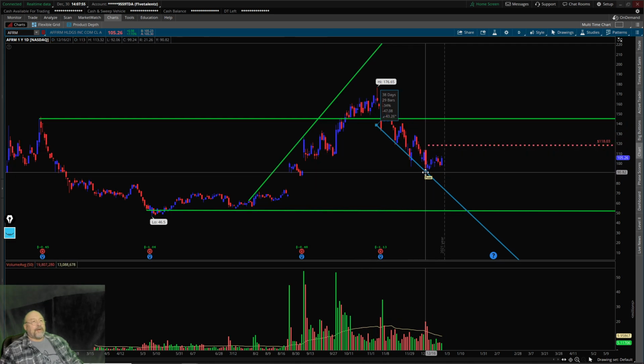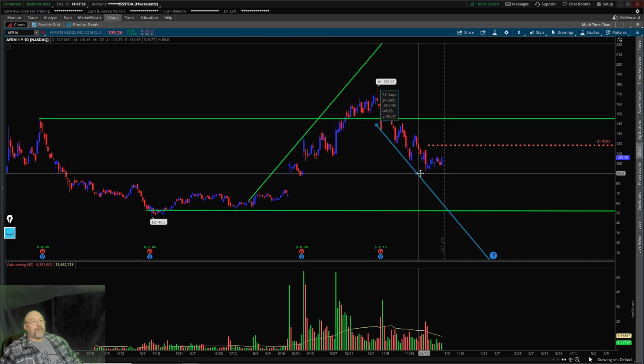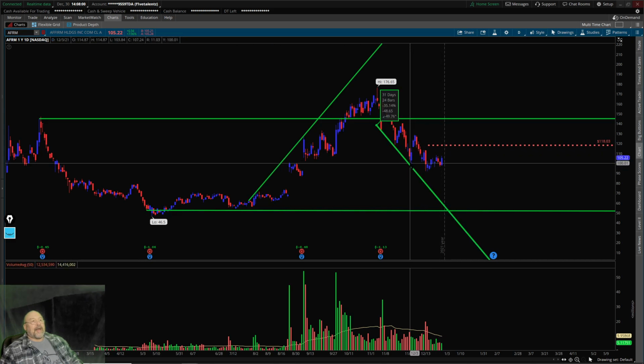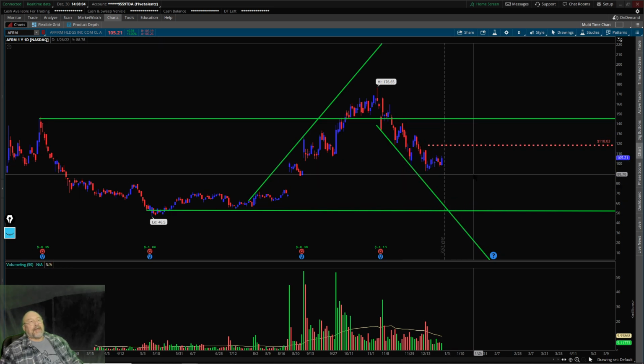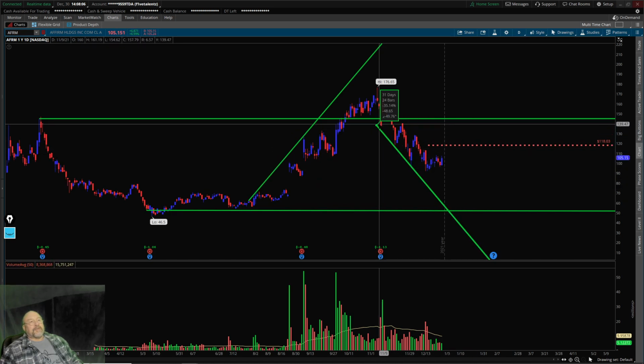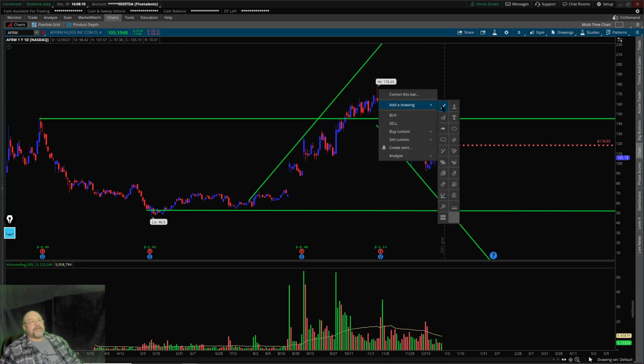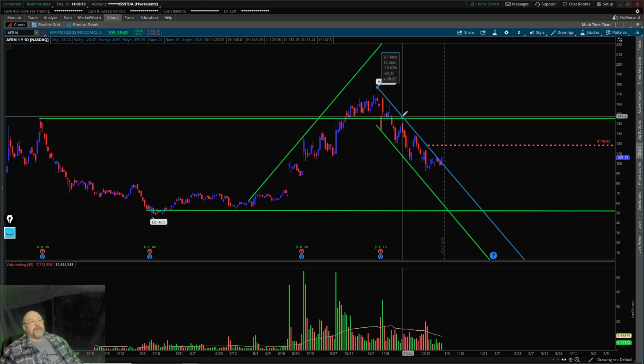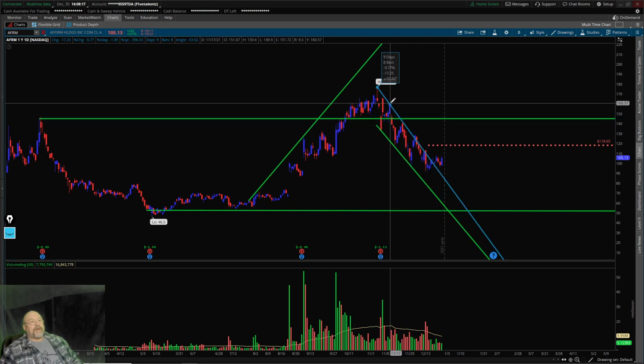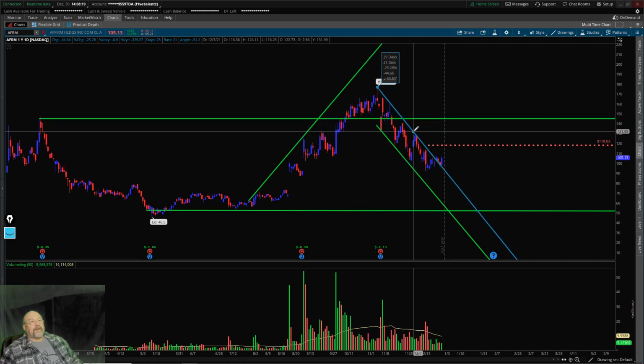So about right here and about right there. Okay, I count the wicks. Some people don't count the wicks. They go by the bodies. I count the wicks. Okay, so there's your support, and then here's your resistance. Okay, we got it about right there. So, if I put it right there on that wick, there's a couple peaking right here.